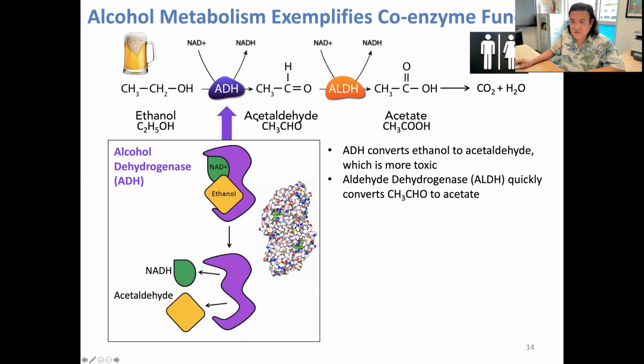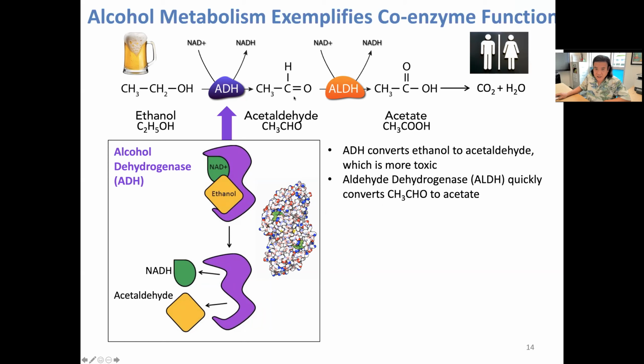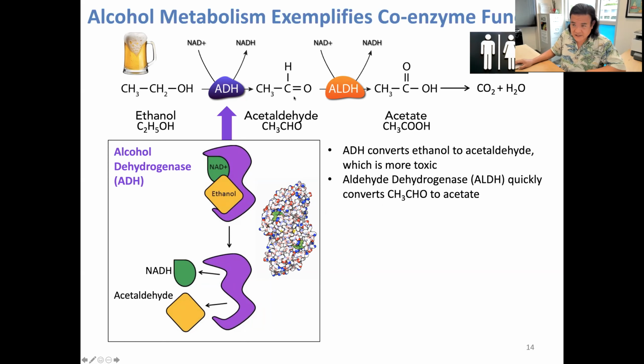So the ADH converts the ethanol to acetaldehyde, which ironically is actually more toxic than the original ethanol. So your body has to very quickly break down the acetaldehyde. Fortunately, the ALDH in orange here quickly converts the acetaldehyde to acetate and then eventually down to water.